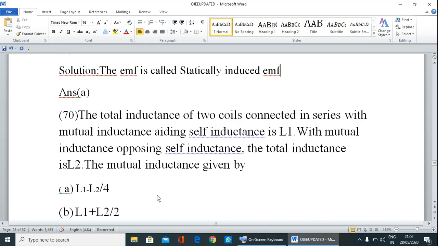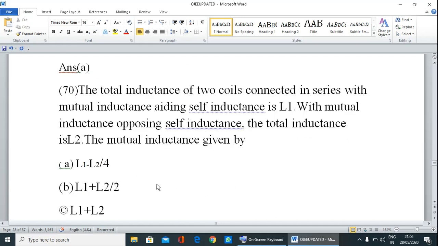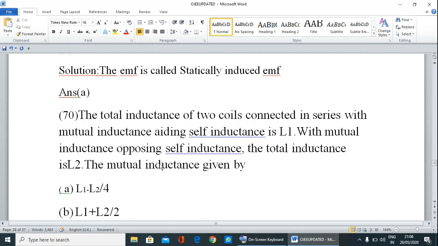Then the total mutual inductance is given by. This question somewhat is wrong. It means just changes, then you have to adjust this question. The practical question is, what is the total mutual inductance?